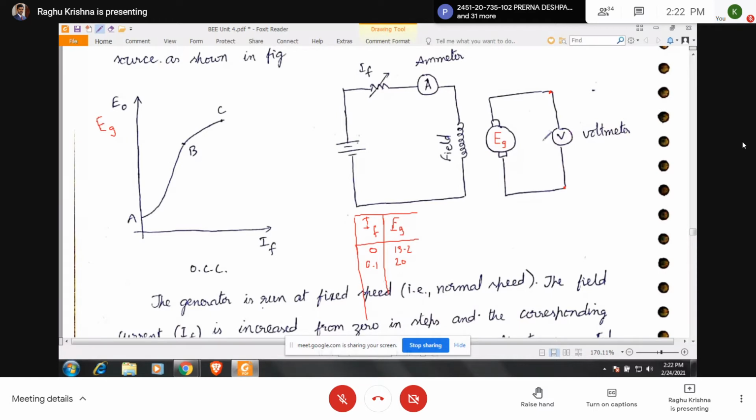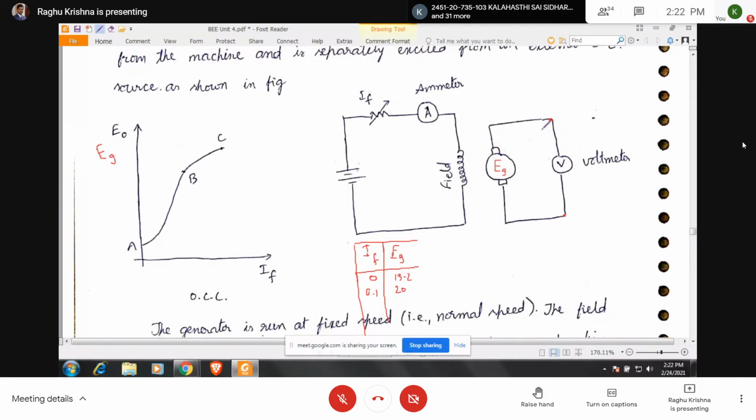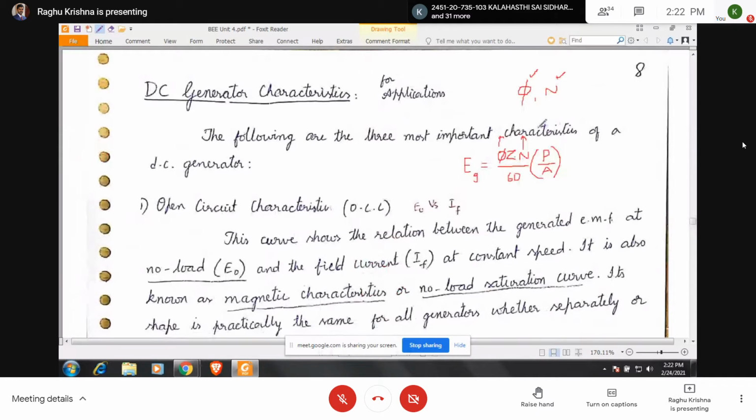Is it clear? See here, if you see this equation, what we are doing is varying the flux, and we are rotating the generator with a constant speed.